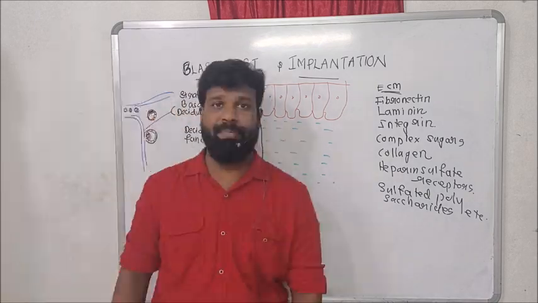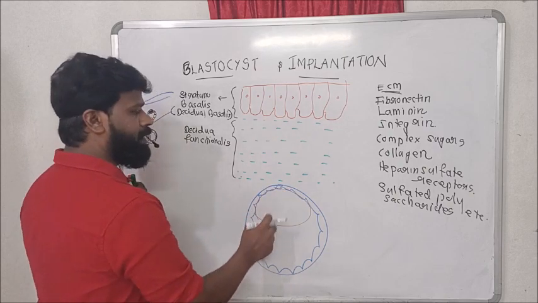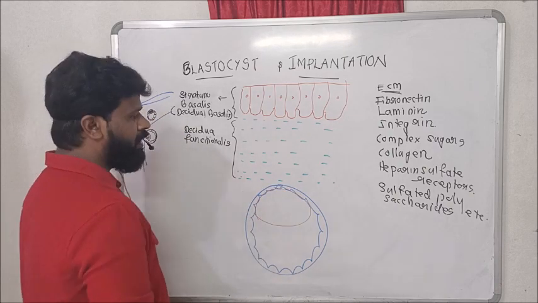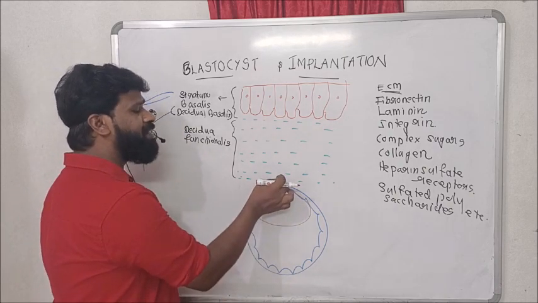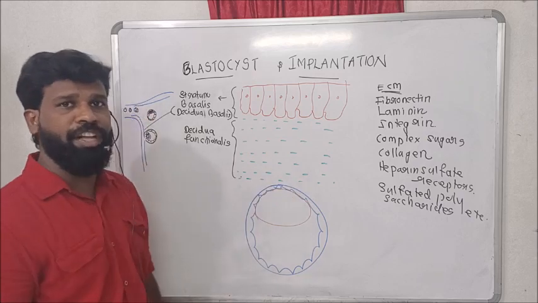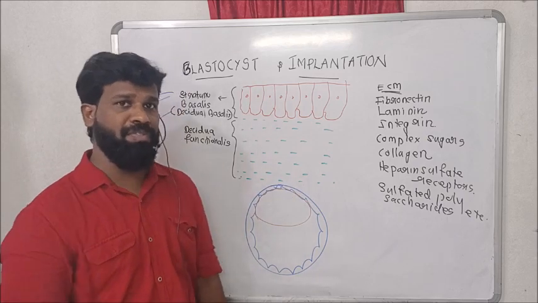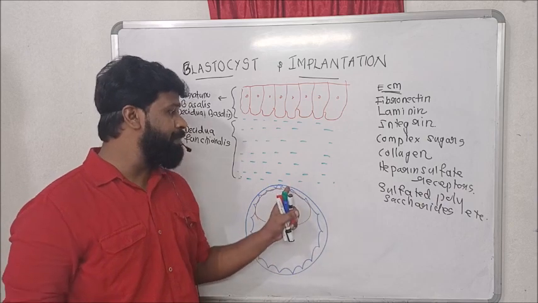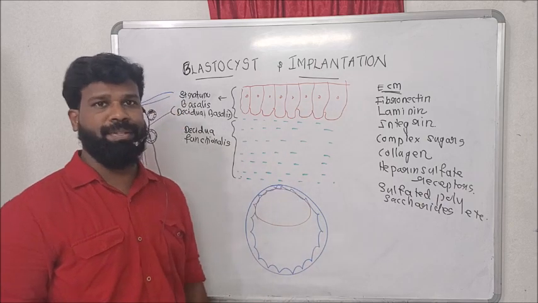Then this is the blastocyst. We know the trophoblast of this blastocyst first gets attached to the endometrium for implantation. One of the functions of the trophoblast is to help in implantation.